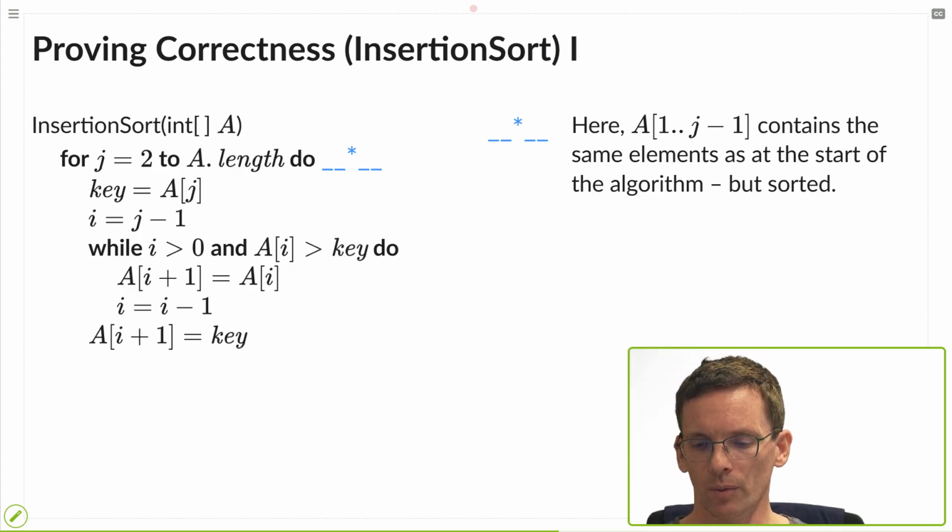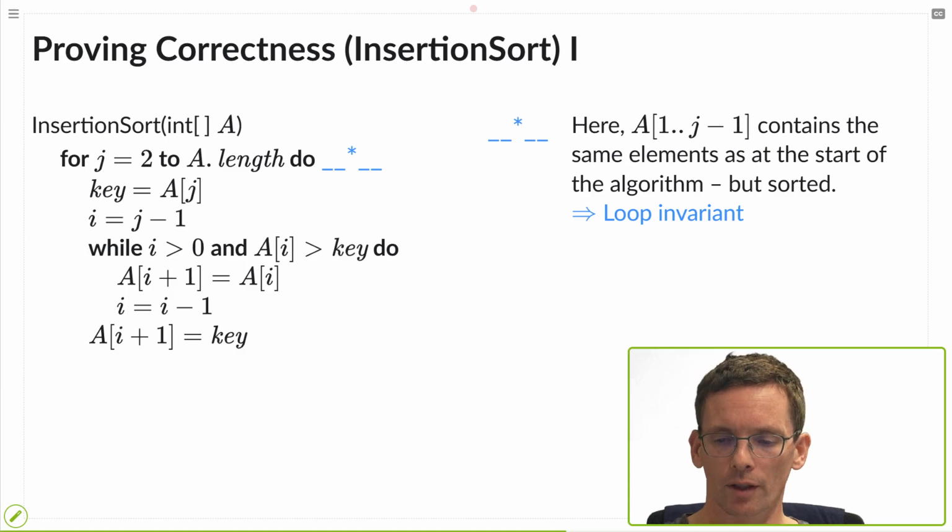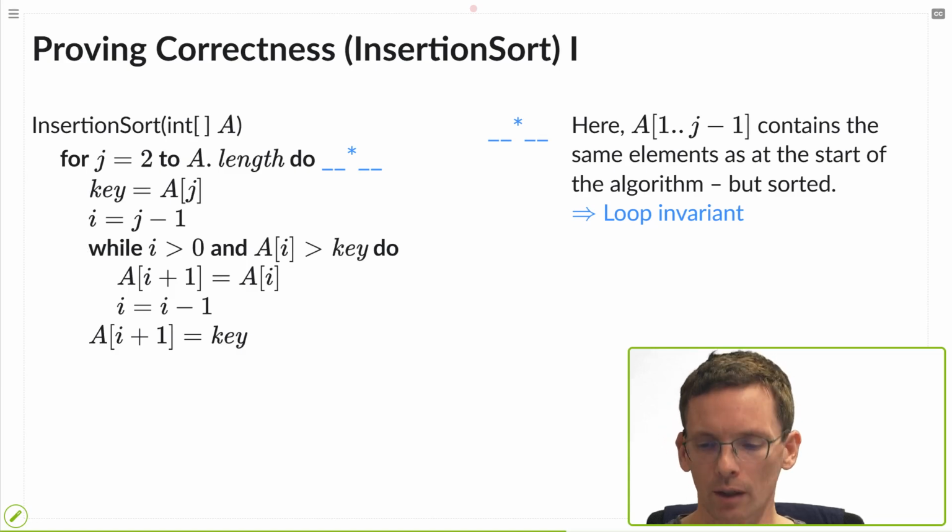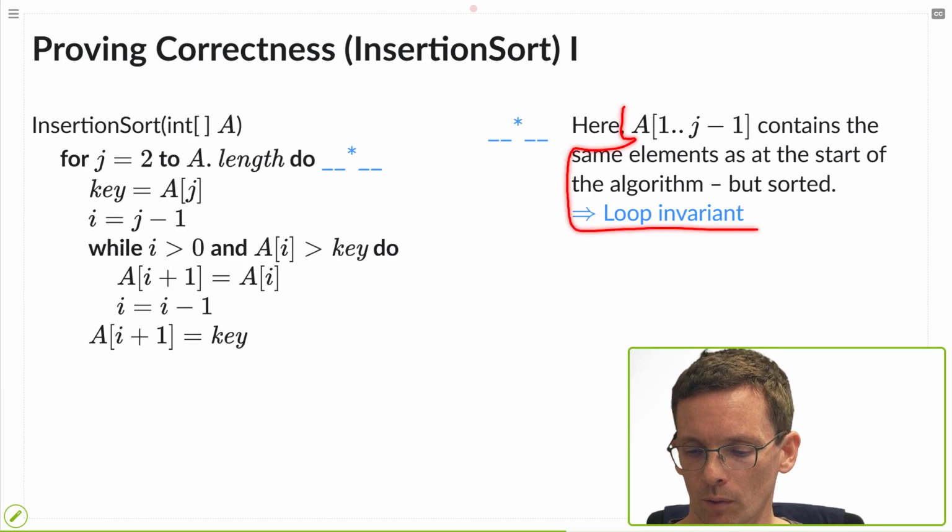So the complete loop invariant would state at the beginning of iteration j, and then what it says here.